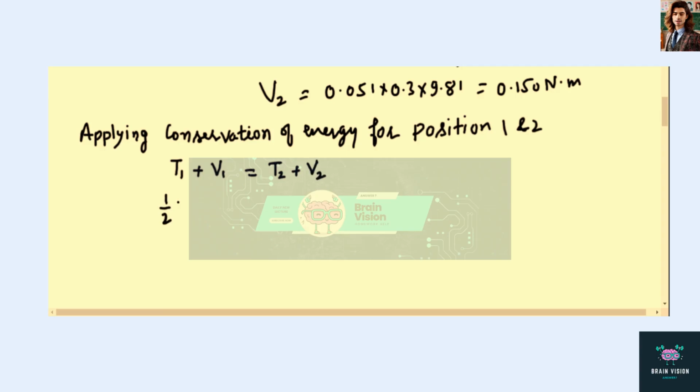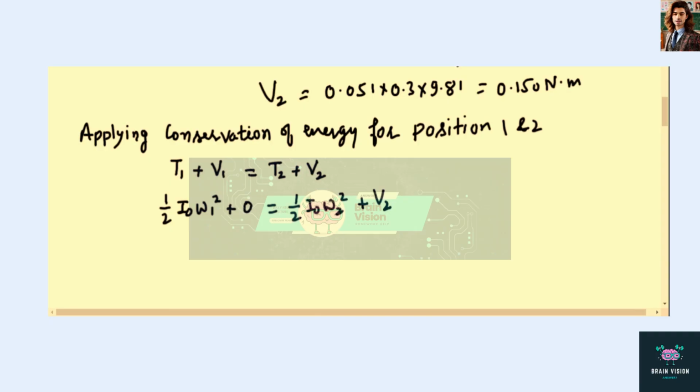It is half I O omega 1 square, potential energy at first is 0, equals half I O omega 2 square plus its potential energy V2.